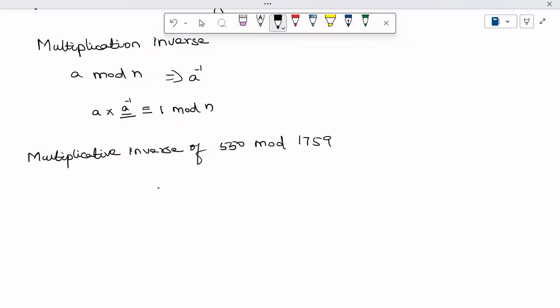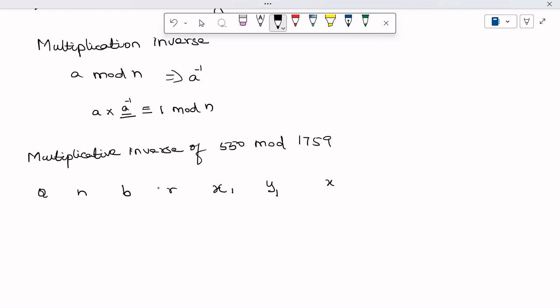So I am going to construct the table. The table is going to have all these parameters: Q, N, B, R, X1, Y1 and X. So Q is nothing but the quotient part, and R is the remainder part.